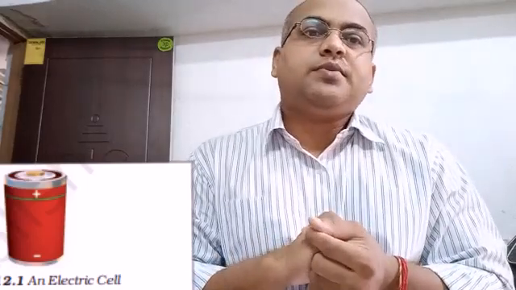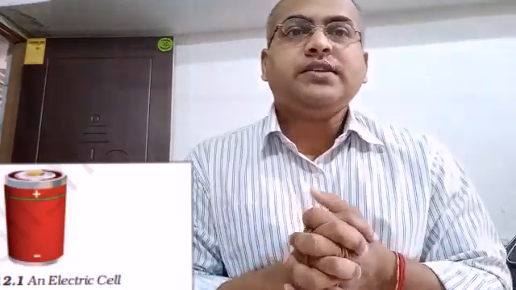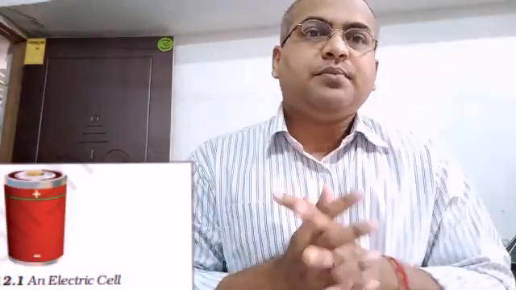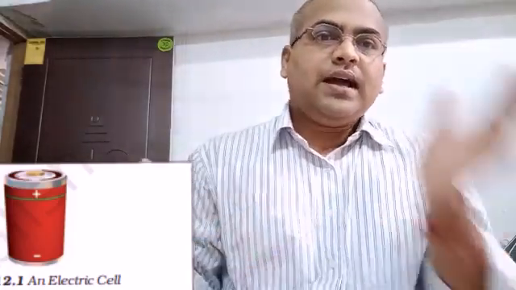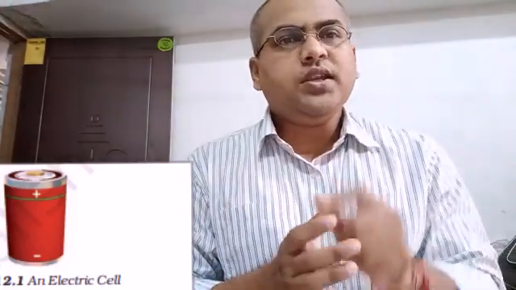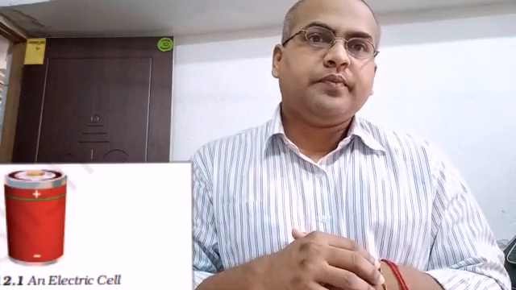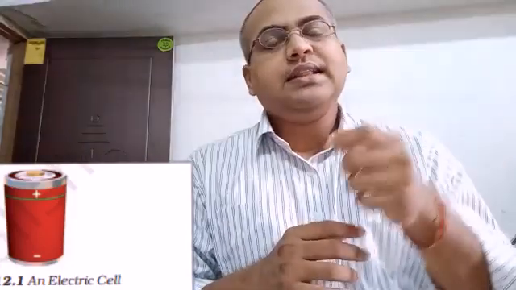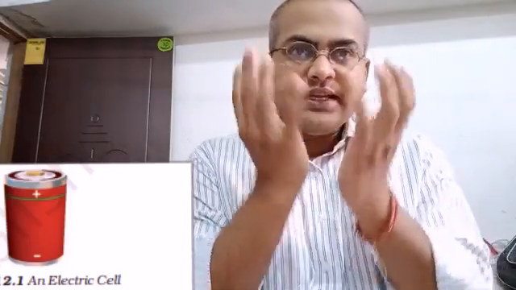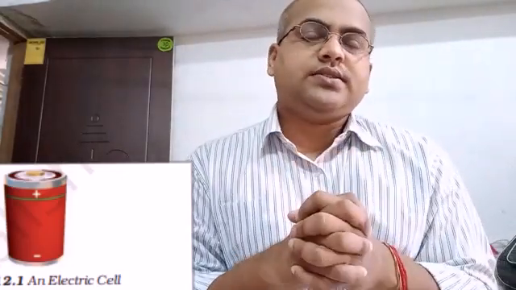Remember we had discussed matter: anything which has some mass and occupies some space is called matter. And this matter is made up of very small tiny particles called atoms. Inside the atoms, at the center, there is a nucleus.